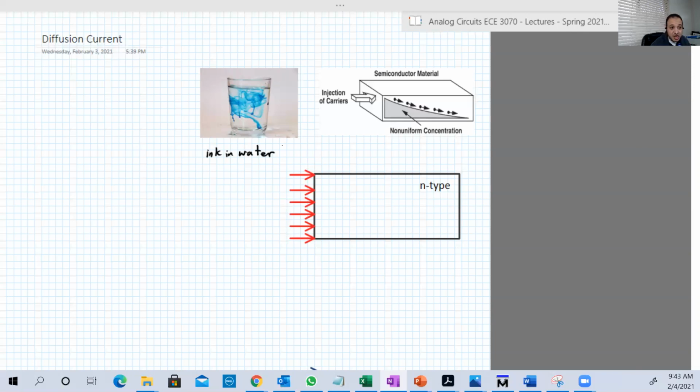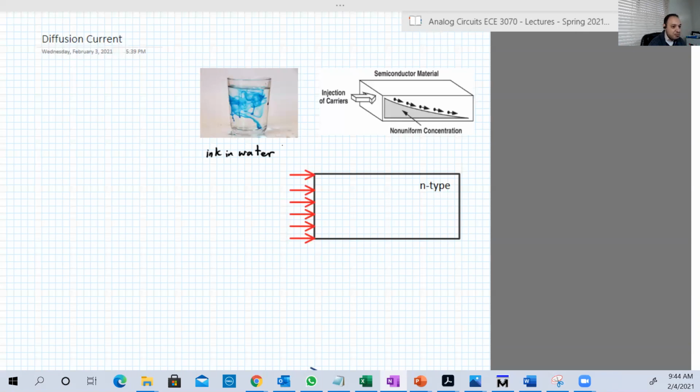When we inject some carriers on one side of a sample, silicon for example, or any type of semiconductor, then at the location of the injection we will have a higher density of this carrier than elsewhere in the semiconductor.